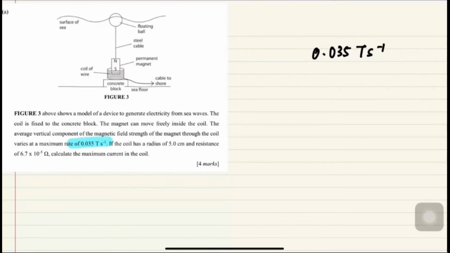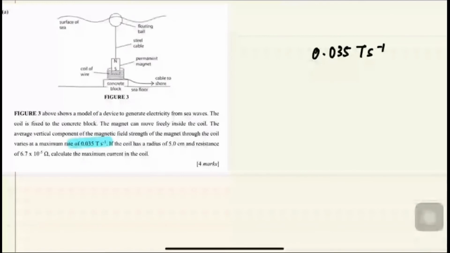Okay, the tricky part is the 0.035 T/s. Okay, but if you look carefully at the unit there, it's actually Tesla per second, which correspond to change in magnetic field per second. So that one is actually dB/dt. So if you write it down as dB/dt, it becomes much more simpler. Senang lah.